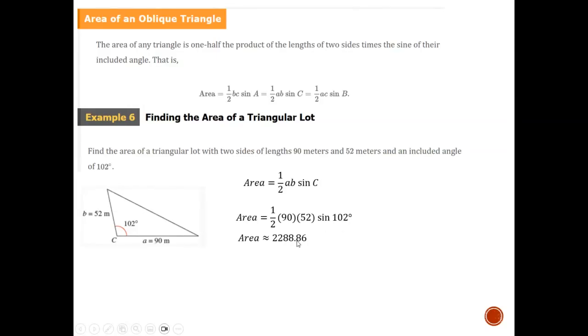And you should get 2288.86. Be careful how they want you to round. If they want you to round to the nearest whole number, then this one would round to 2289. So the area for this one would be 2289.